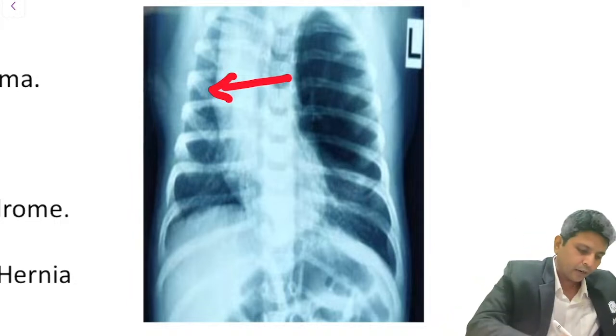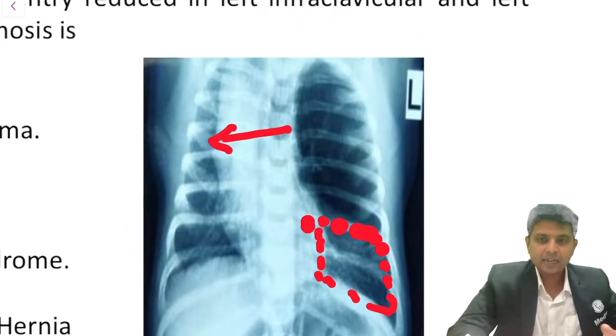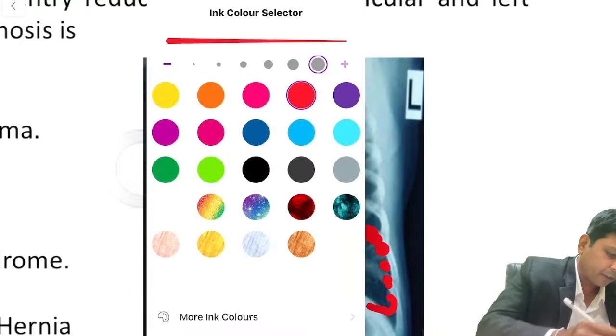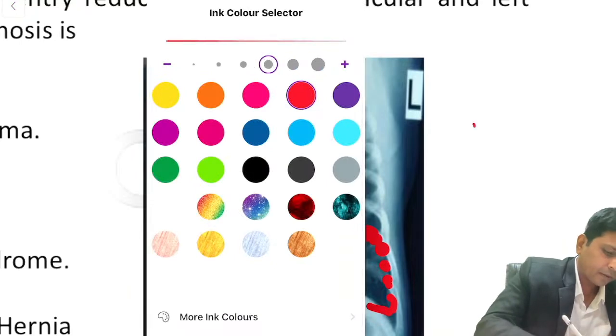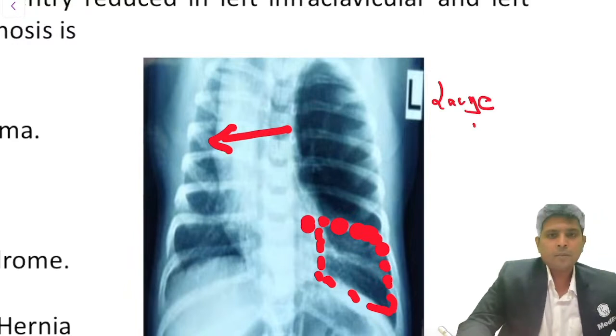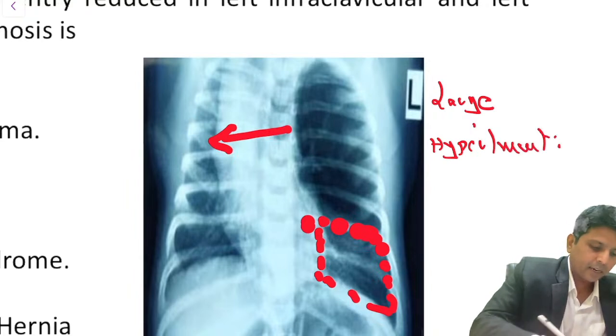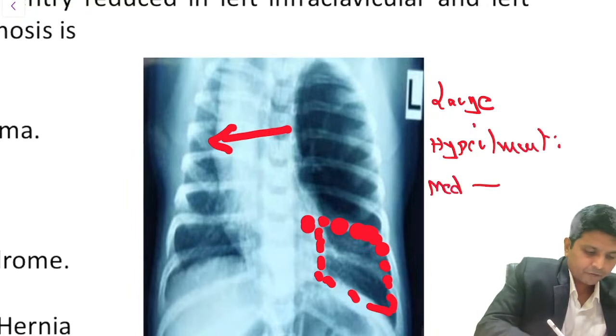And finally, look at the compressed lower lobe. So point number 1, the left lung is large. Point number 2, it is hyperlucent. Point 3, mediastinum shifted to the opposite side.